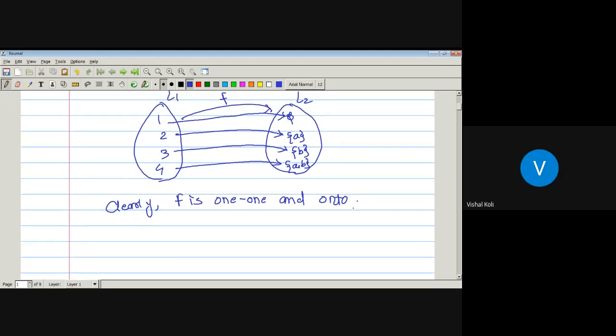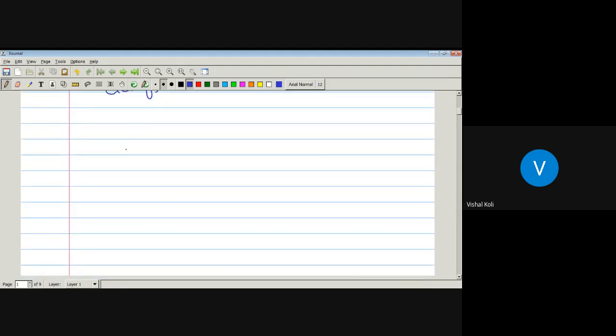First, let us draw the Hasse diagrams. The first one is L1, having elements 1, 2, 3, 6, and the relation defined on that poset will be division. L1 will be somewhere here. Now 2 is the immediate successor of 1, so 2 is placed at a higher level. Similarly 3 is again an immediate successor of 1. Now 6 is the element which is the immediate successor of both 2 and 3, so somewhere here will be 6. Same for the second lattice also. Sorry, this was for L1, and same for L2.